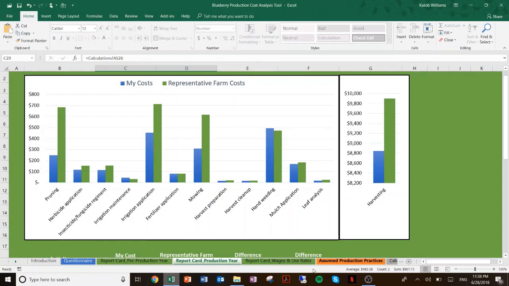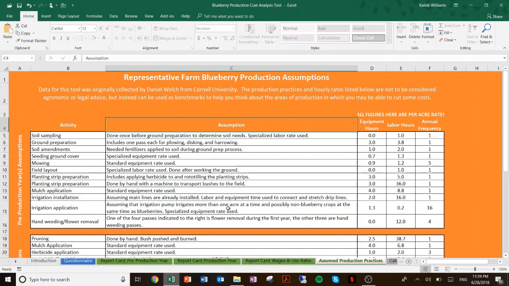But the purpose of these 4 tabs is for you to get a deeper look at your production practices, what that's costing you, and hopefully pick out some things that you might be able to do differently. Maybe this will inspire some conversations between you and some of your neighbor farmers, or you and the New York State Berry Growers Association on the different production practices that are used, and help you drive down your costs and increase your margins. So let's jump over here to the assumed production practices and take a look.